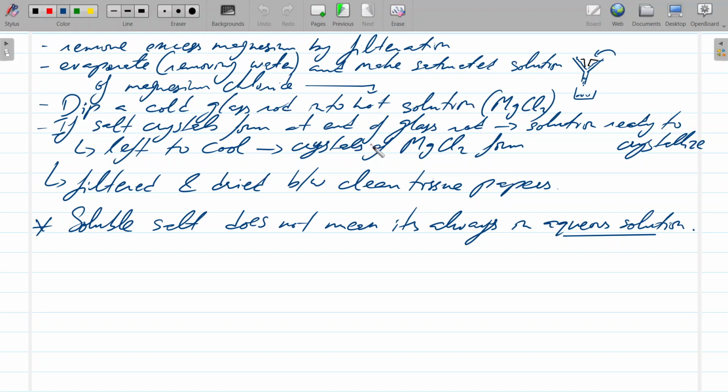Right, now to continue, next up is the reaction of an acid with a carbonate.